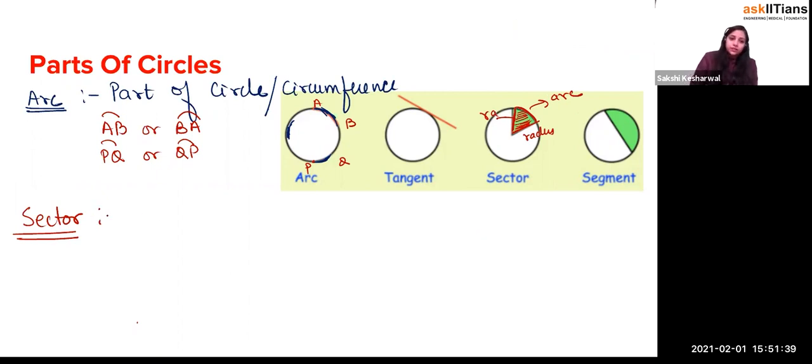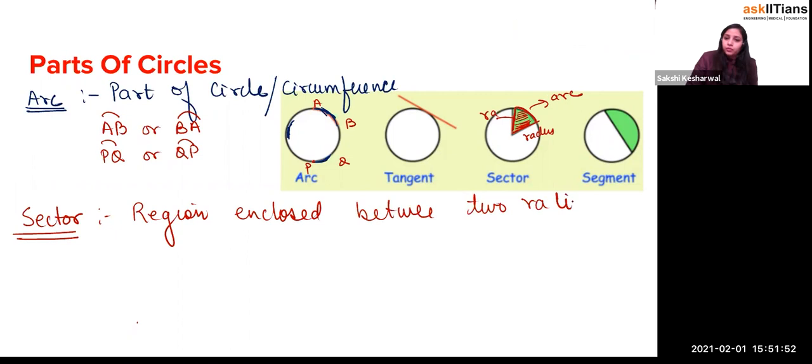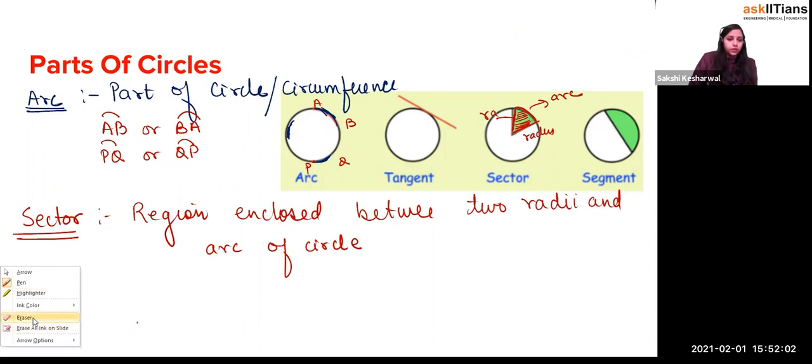So basically, a sector is the region enclosed between two radii and an arc of the circle, right? There will be two things. See over here, I'll just change my color.